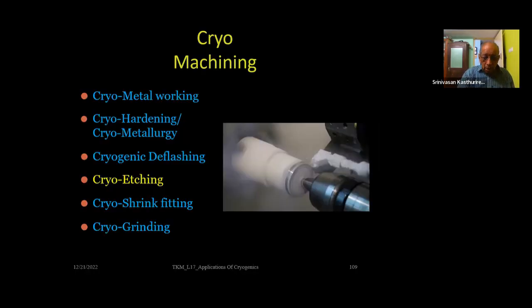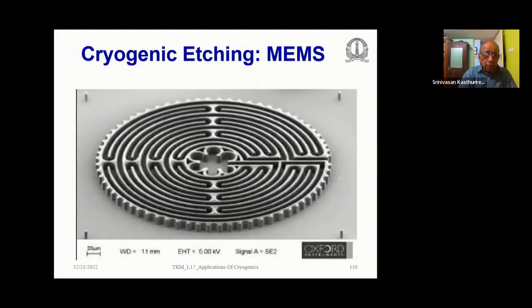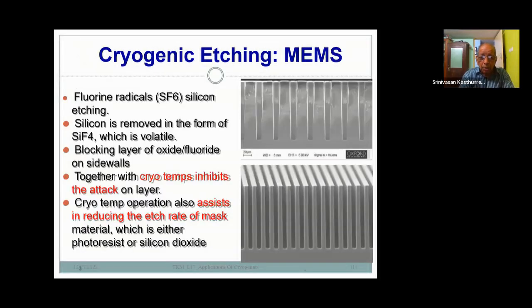Particularly, for example, there is something called cryogenic etching using a MEMS method. Okay, micro machining systems. There is very fine SF6 used for etching silicon.